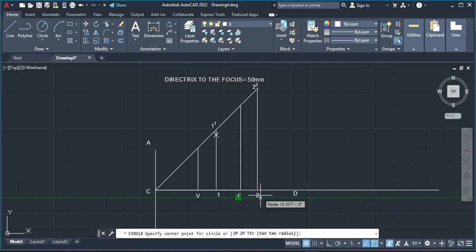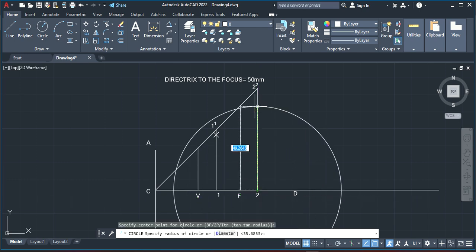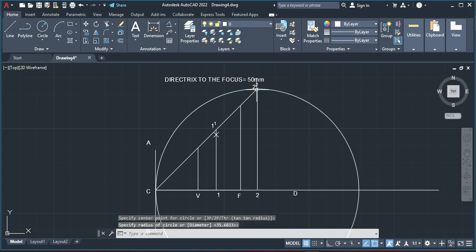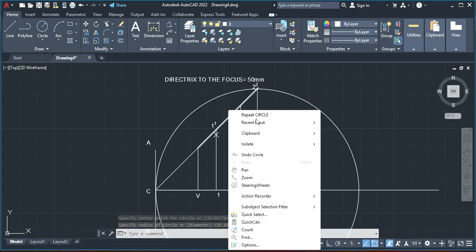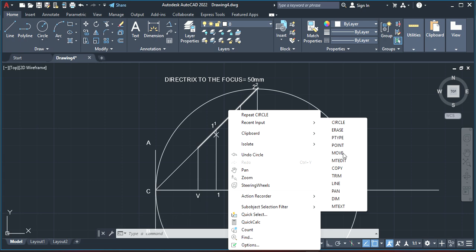Just observe clearly. I am taking the radius as 2 2 dash and constructing a circle. Then use the move command.